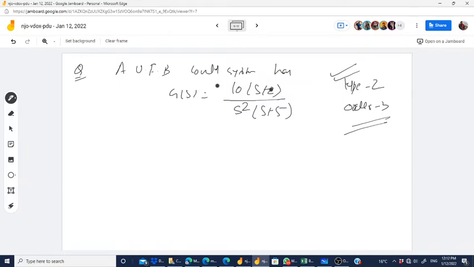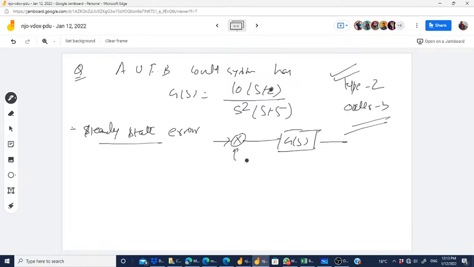So this is all about it. Achha, one more thing that I want to discuss here, because this will be used in the further examples. That is the steady state error. I hope all of you know how it is determined. So there is the system G(s), and let's say there is H(s), and there is Y(s) here.